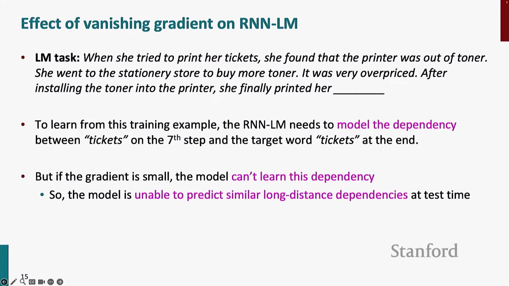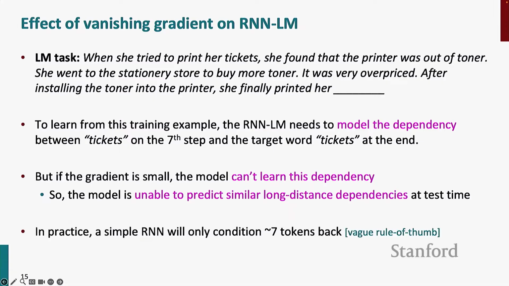And what we find is that when the gradient becomes very small, the RNN doesn't learn these kinds of long distance dependencies, and so it's unable to make these predictions well at test time.